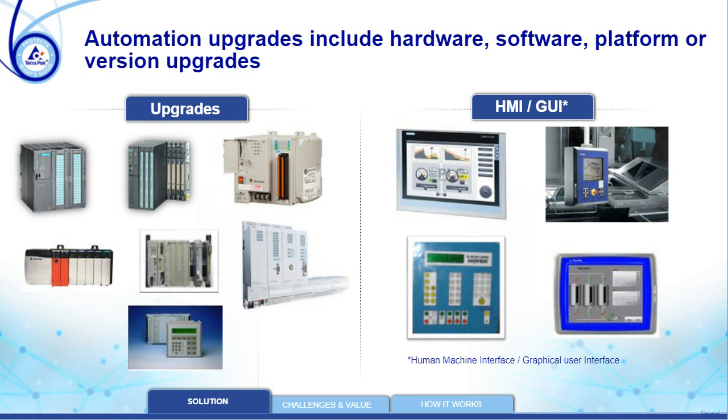Before we go further, I would like to refresh what we mean by automation upgrades. First of all, automation upgrades: we consider hardware, software, it might be version upgrade, platform upgrade from Siemens to Rockwell, Schneider, etc. Also part of upgrades is if you want to add features and functionalities into the existing equipment.